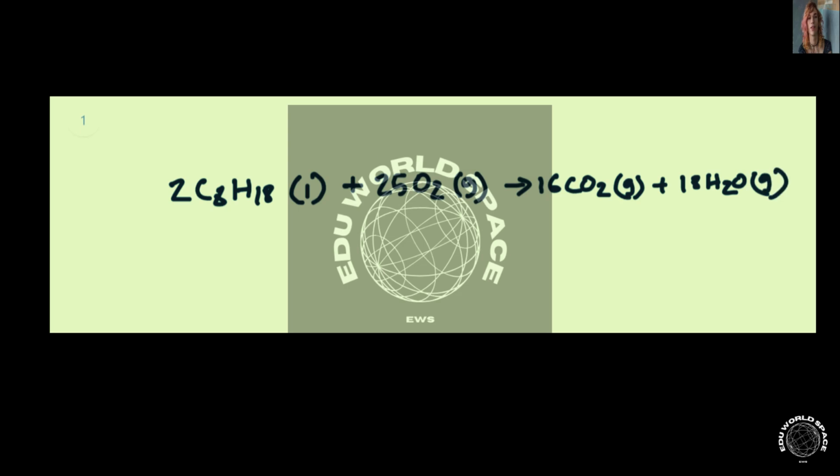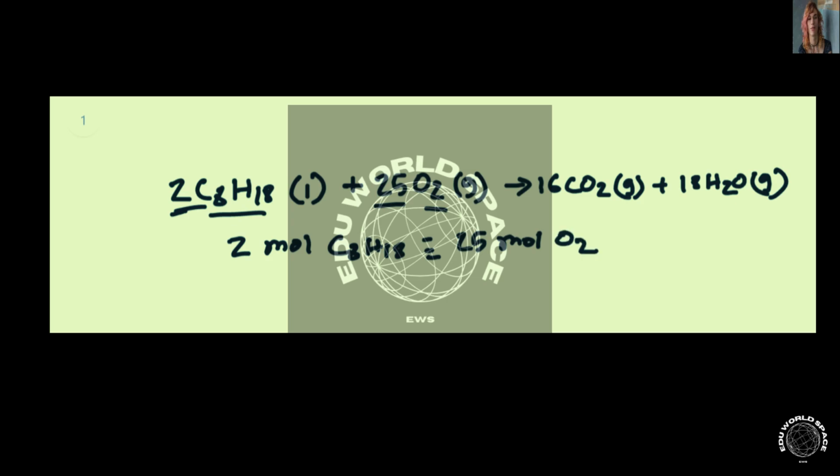Now, first question here is how many moles of O2 are needed to burn 1.5 mole of C8H18? So from here we can see that, since we have a coefficient of 2 here, 2 mole of octane is burned by 25 mole of oxygen. So we can write 2 mole C8H18 is burned by 25 mole O2.